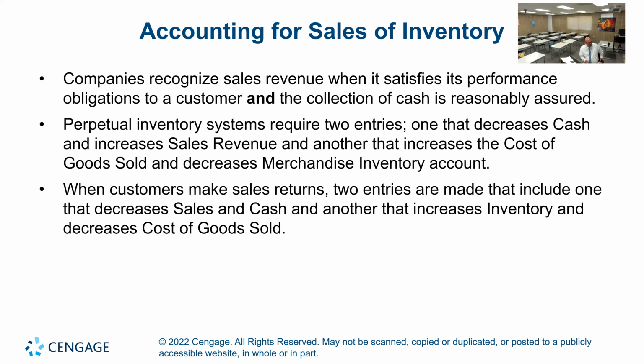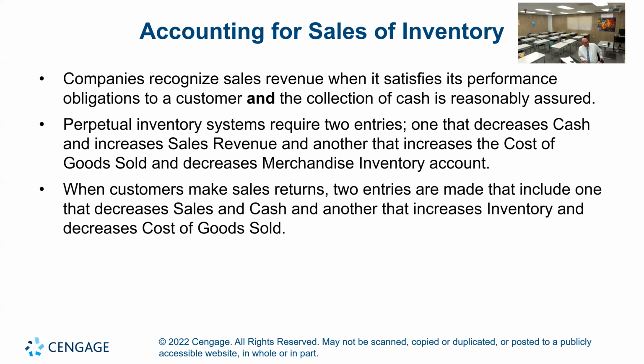Remember, from receivables, when we make a sale, a lot of times we are going to be debiting accounts receivable if it's going to be owed later. If it's made by credit cards or by cash, we're going to record cash like we did in chapter 4. With inventory, we need to make a second entry.